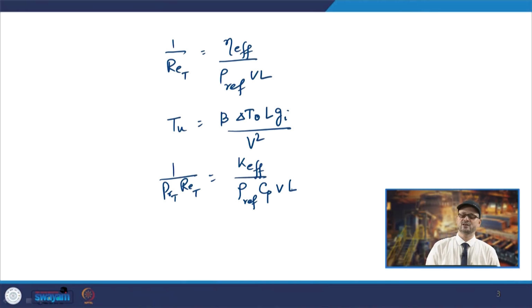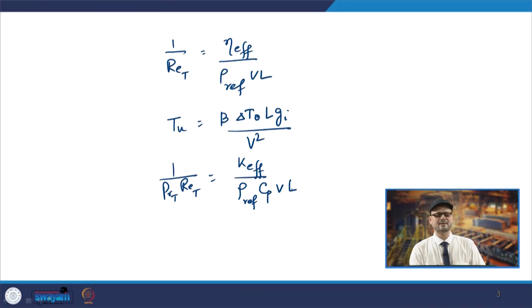Already we have seen that the Reynolds similarity has to be there. And if the Prandtl number is assumed to be constant, in that case that similarity is also maintained, so that is also satisfied. The only number which needs to be satisfied is the Richardson number.